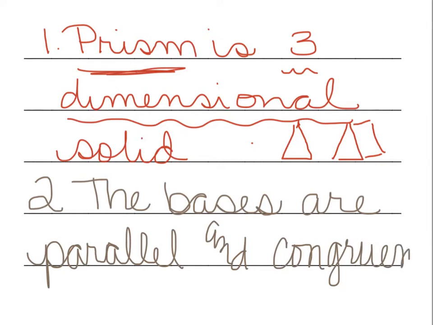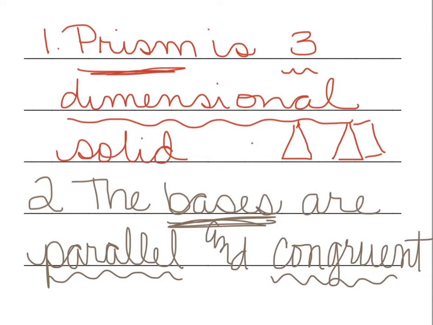Now, we've just talked yesterday about congruent: same shape, same size, it must be both. So when we say that the bases must be parallel, you remember what that means: they aren't going to run into each other. So prisms are a three-dimensional solid. The bases are going to be parallel and congruent.